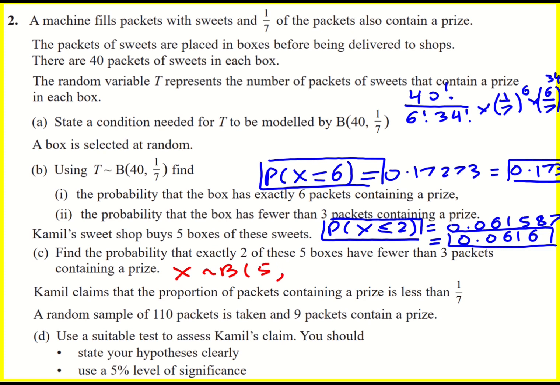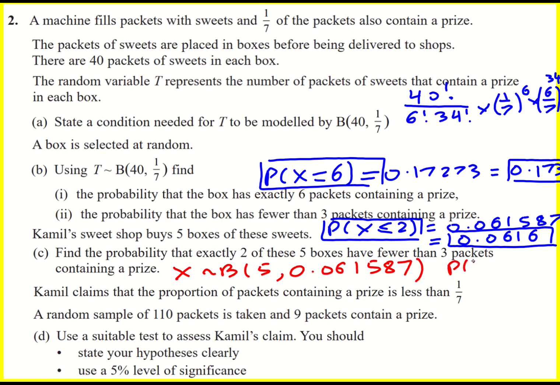And with each box, we want to know the probability of getting fewer than 3. Well, that's what we found out in the previous part. It's 0.06. Now, when I did it, and I would advise this, use the full version, just to avoid any rounding errors. I think you get away with it if you do, but best to be safe and precise.